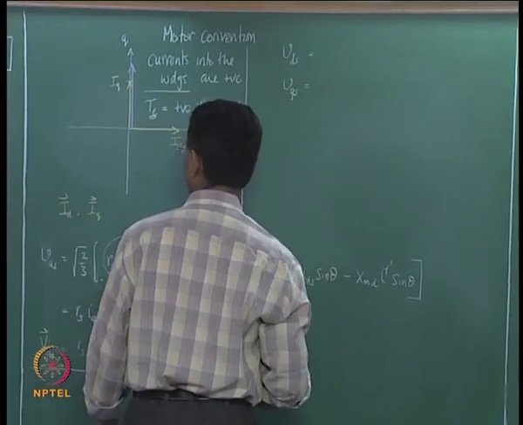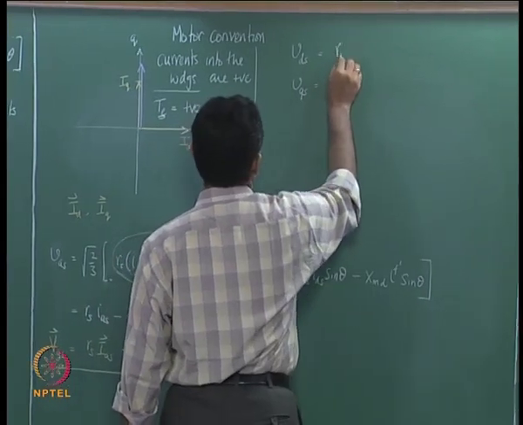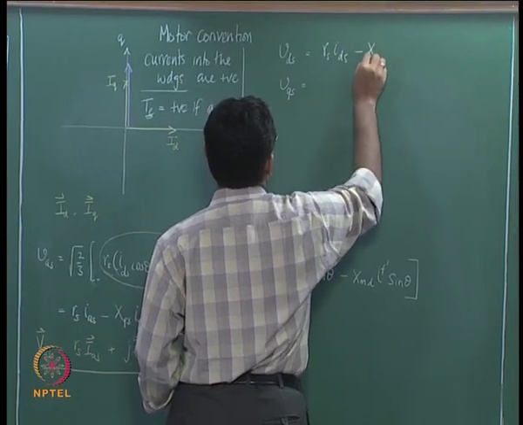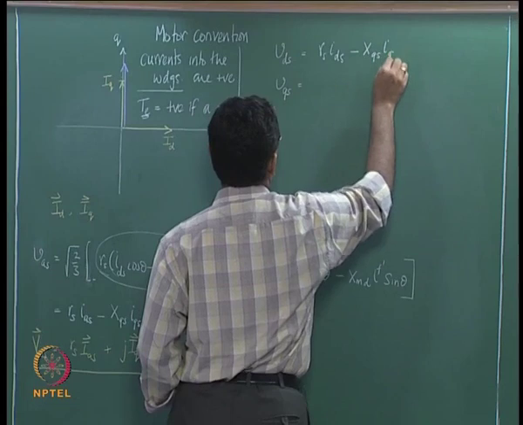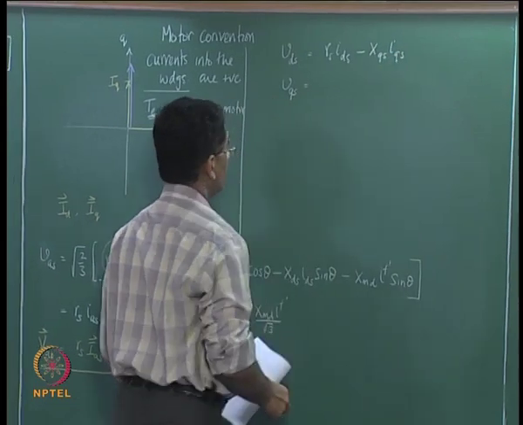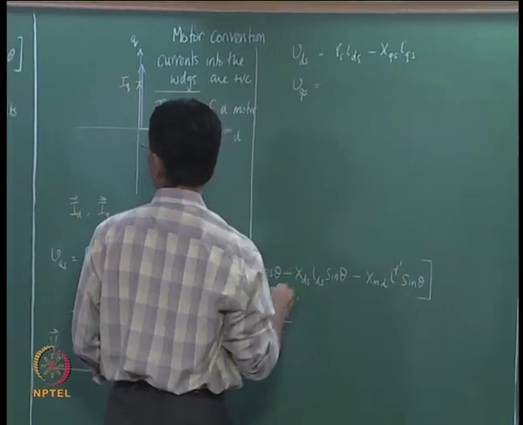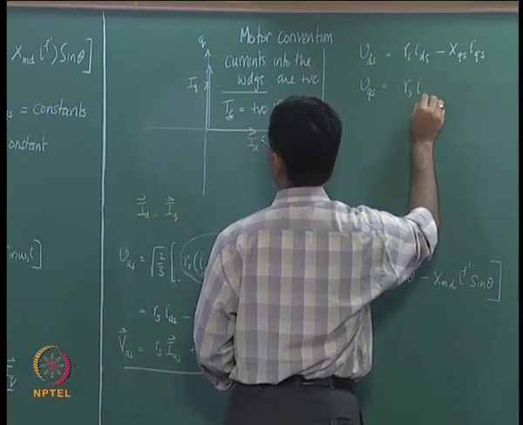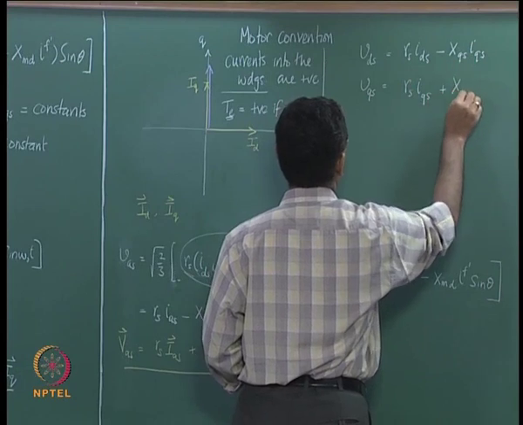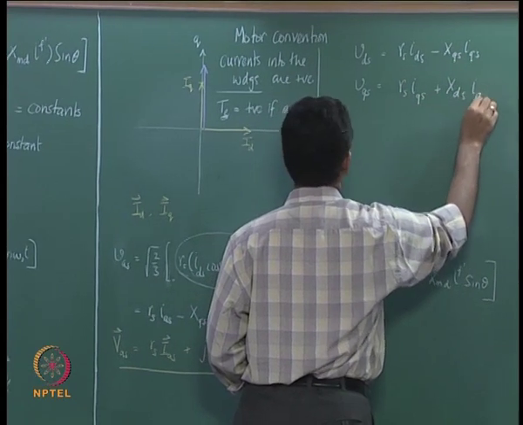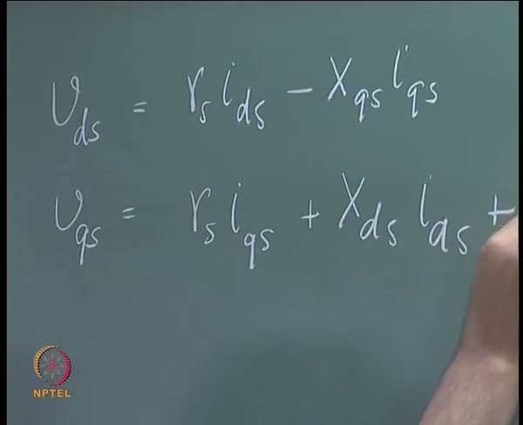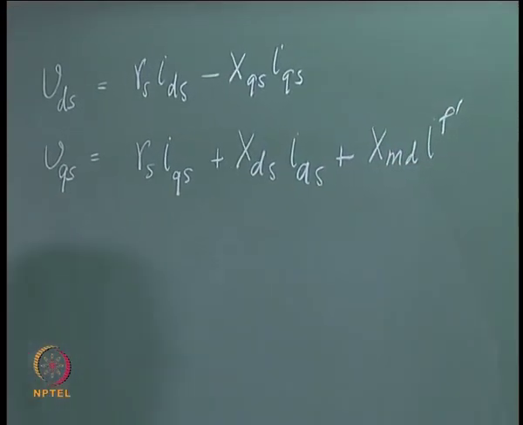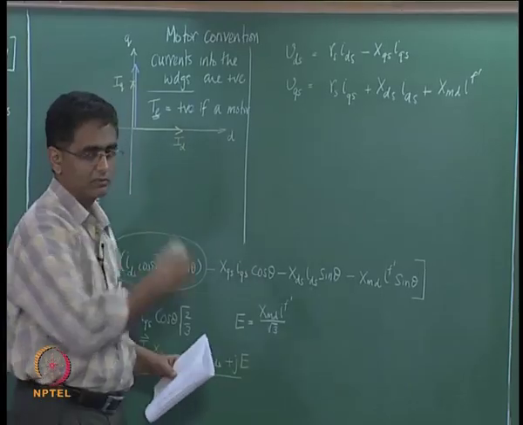VDS is given by RS into IDS minus XQS into IQS, and then VQS is given by RS into IQS plus XDS into IDS plus XMD into IF dash. This is what we had written earlier.